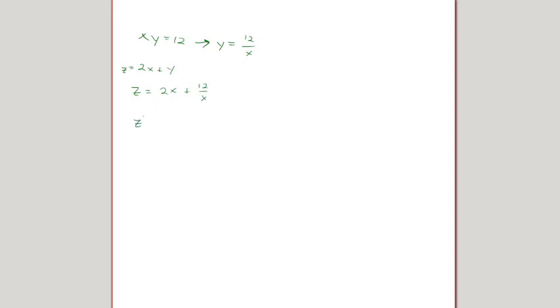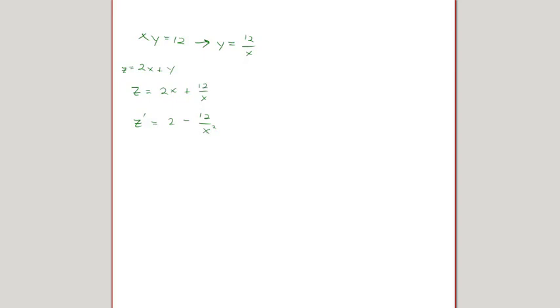Now z prime, if I take the derivative, I get 2 minus 12 over x squared. And the idea is, if I can solve this for 0, that'll give me my critical points. Or where the derivative is undefined would also be a critical point.